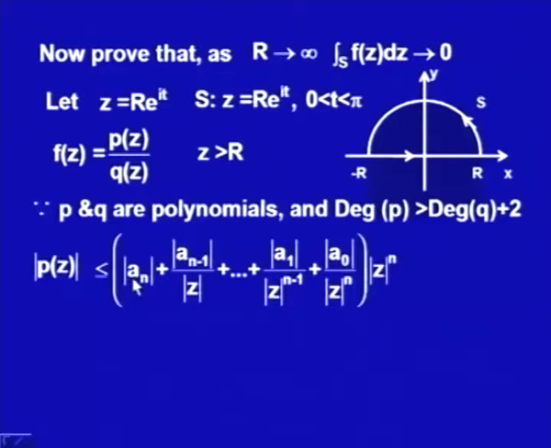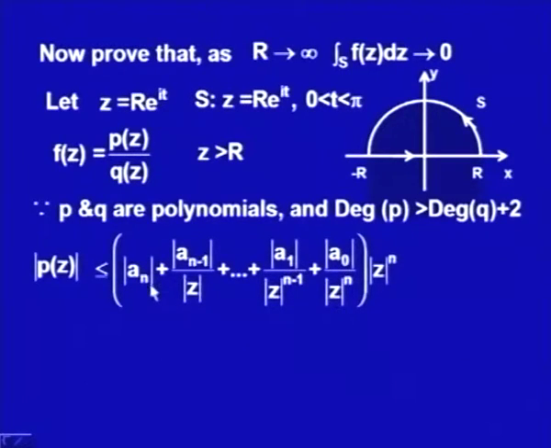Now, if mod z is greater than R, where R is some fixed value R naught, we get 1 upon mod z less than 1 upon R, 1 upon mod z^(n-1) less than 1 upon R^(n-1), and so on.